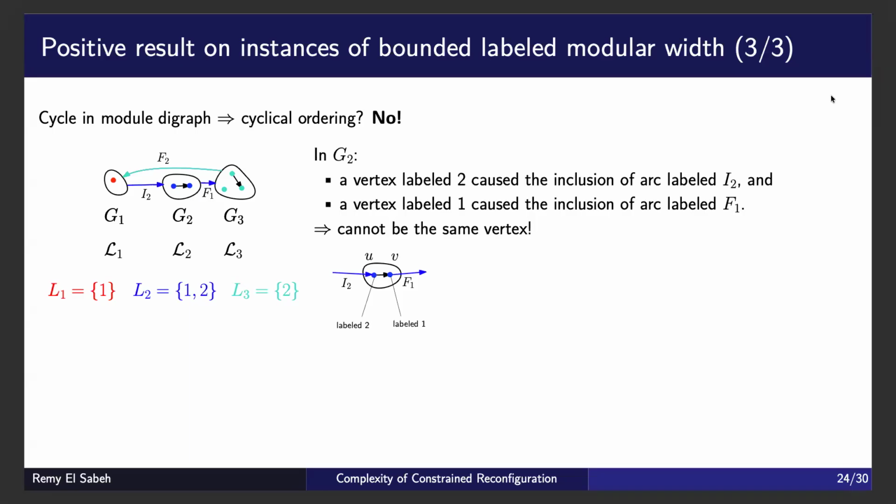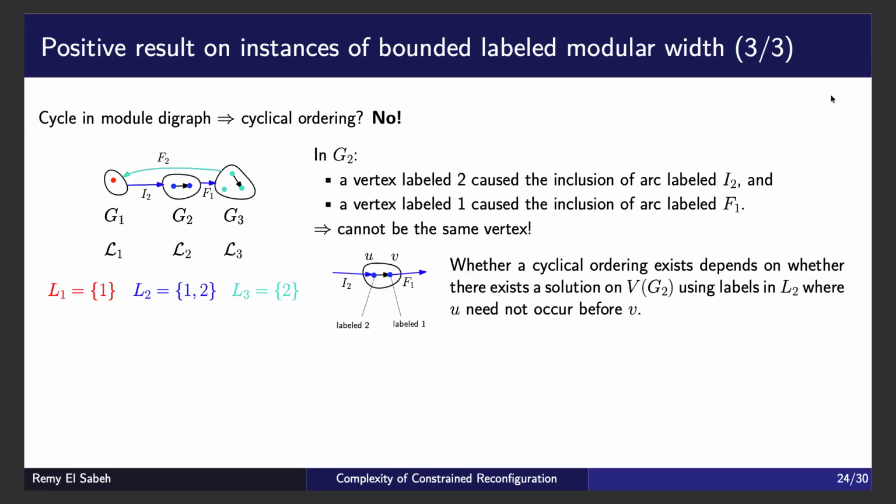In other words, we kind of need to look in more detail at what this module internally looks like under this choice of labels. So if we know for a fact that these edges or these arcs were added due to a single vertex in every module, obviously we're stuck and we end up with a cyclical ordering, but that's not really the case.